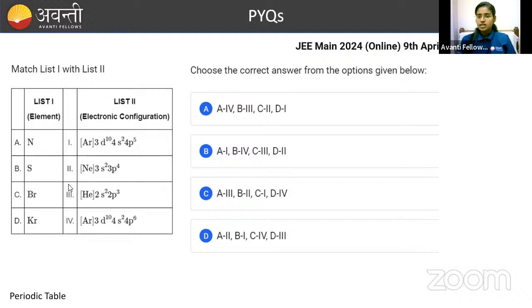Has anyone got the answer right now? If anyone has got the answer, you can put it in the chat box. It's a very, very easy question. You can take 15 to 30 seconds to solve this question. If somebody is finding it difficult, you can take 30 or 45 seconds. I am waiting for you. If you have got the answer, just type the option in the chat box.